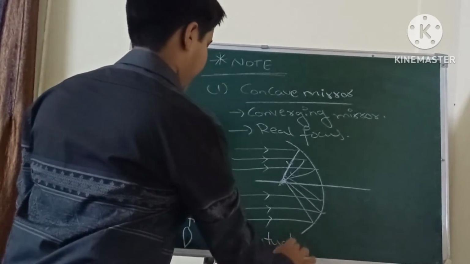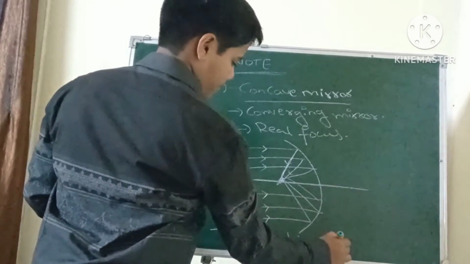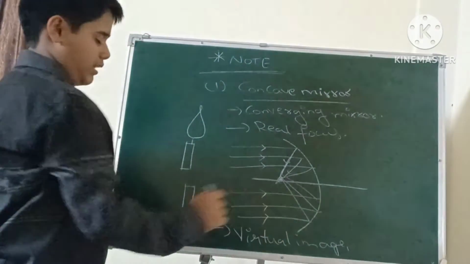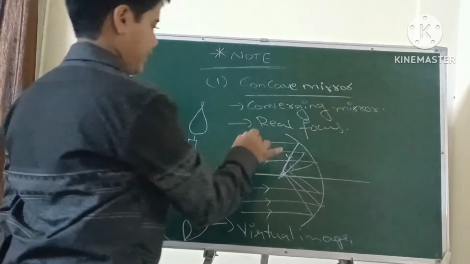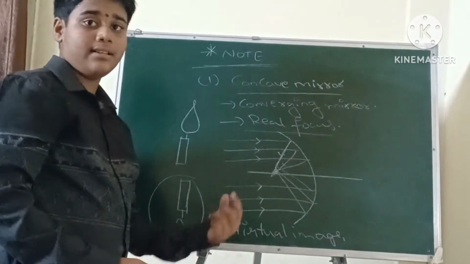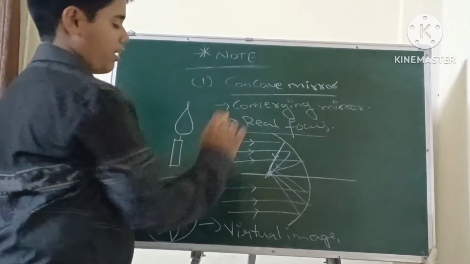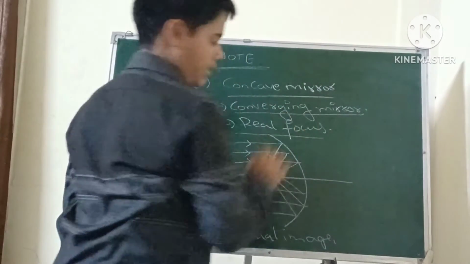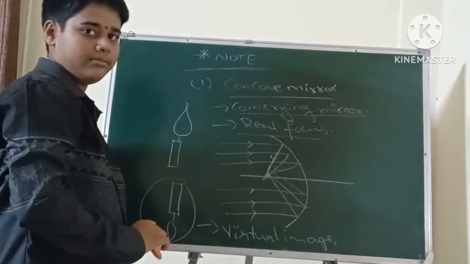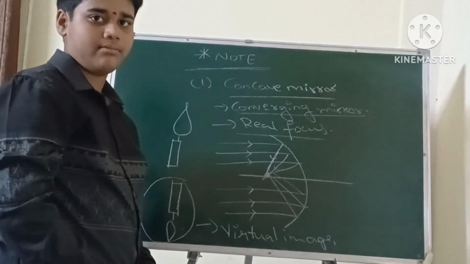Virtual means an upside down image like this. It gives a real focus: we can see a clear and full image. That is called real focus, and this mirror is also known as a converging mirror. So these are the important points of the concave mirror.